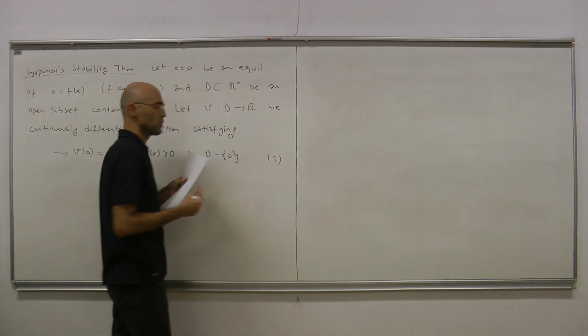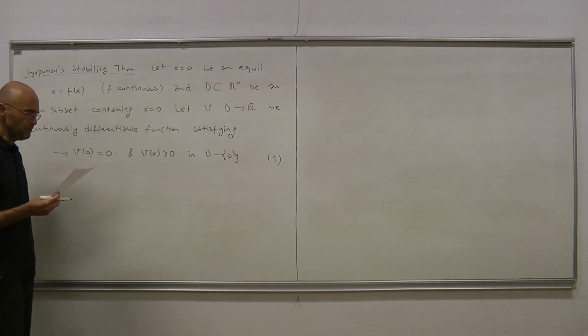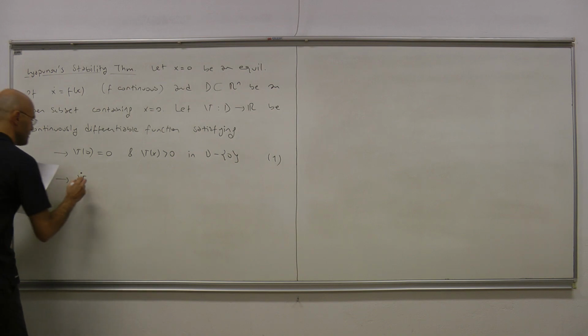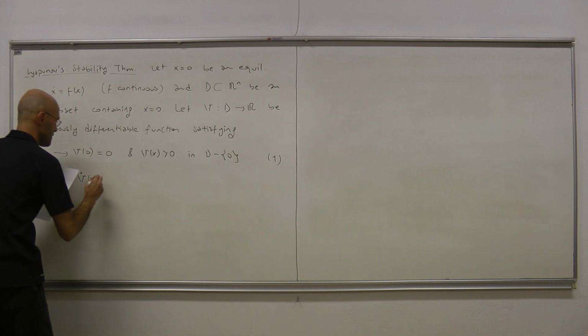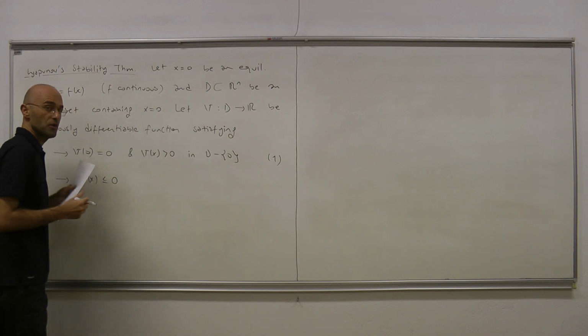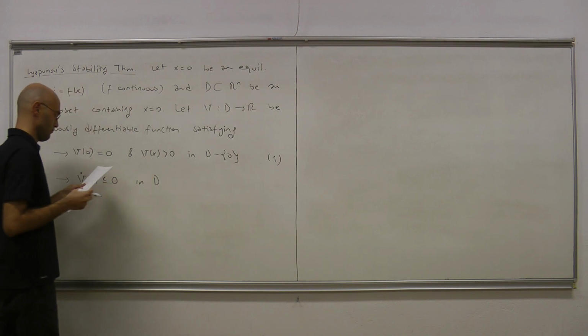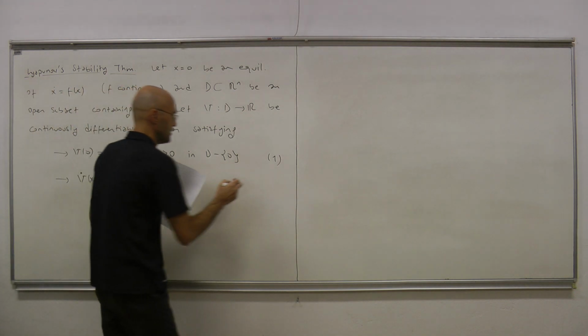Okay, let's call this condition 1. And as for its time derivative, that V dot is never positive in D. Okay. And let's call this 2.